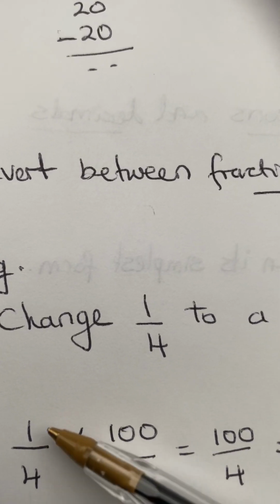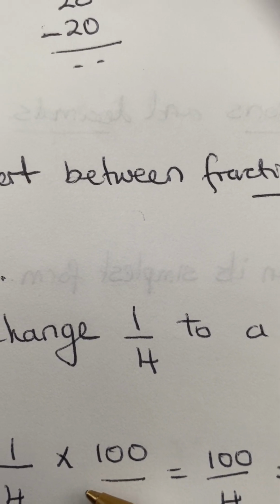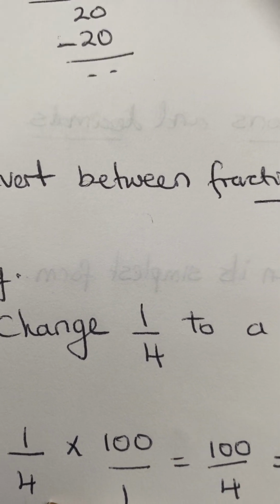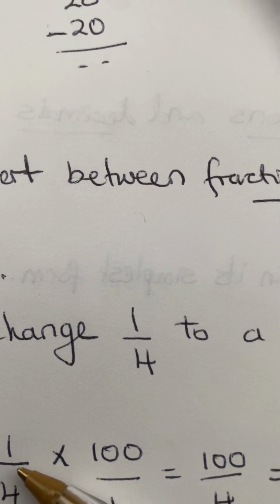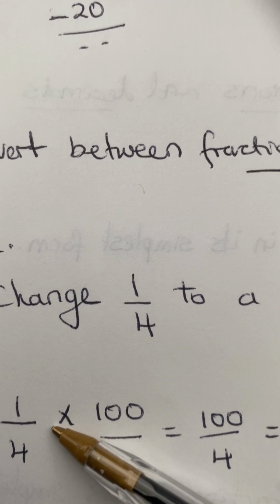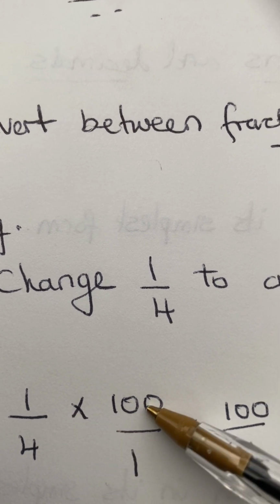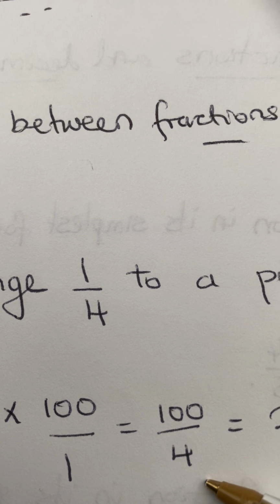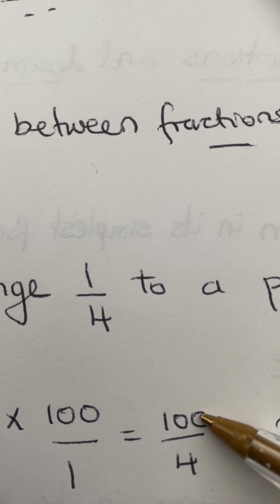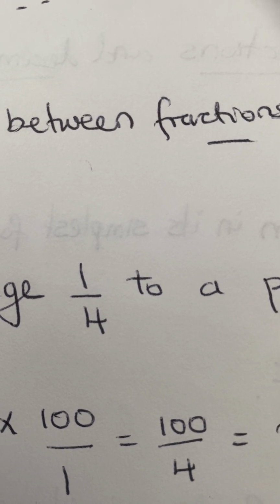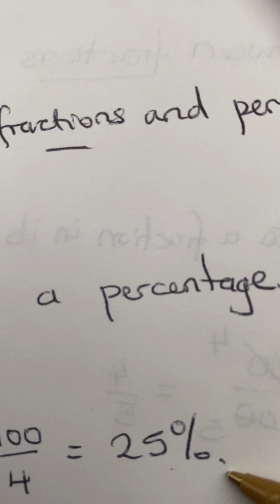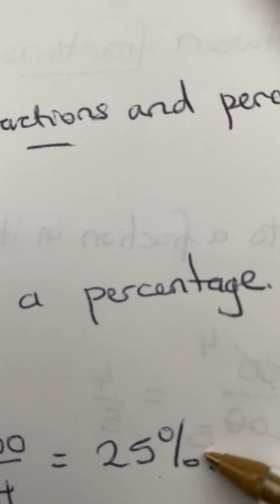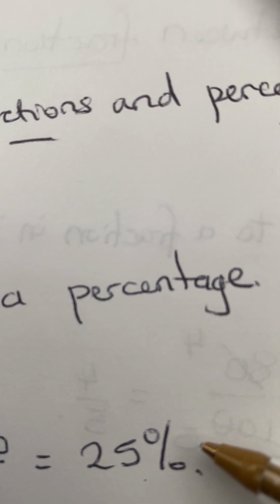Okay, so 1/4 times 100. Let's multiply the numerators. 1 times 100 is 100. 4 times 1 is 4. How many 4s do you have in 100? 25. So 25%. You are changing into percentages, so make sure you bring the percentage sign. I hope I'm clear.